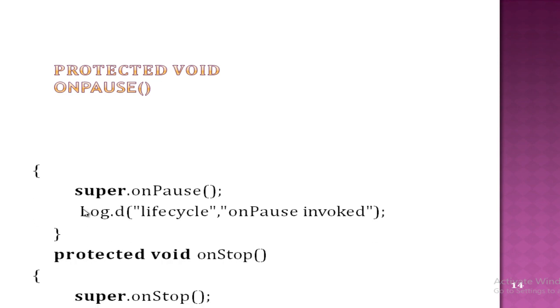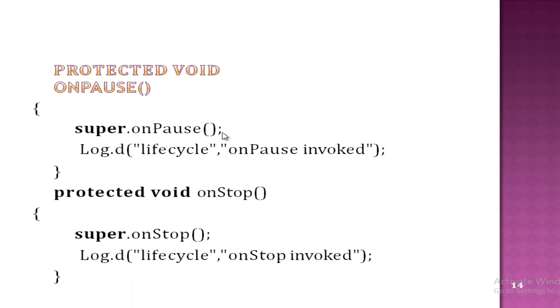The onPause method is called when any other activity comes to the foreground. So what we have to write here: super.onPause, Log.d "lifecycle: onPause invoked".